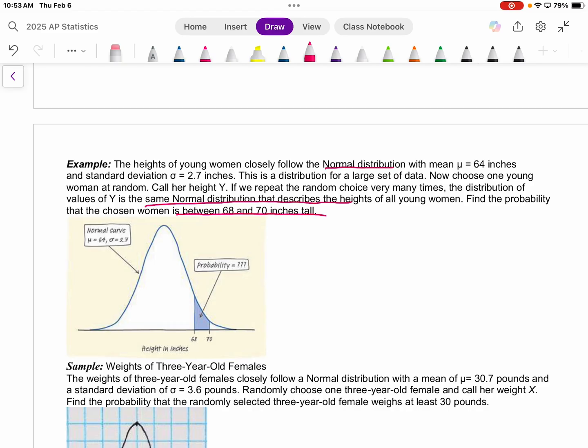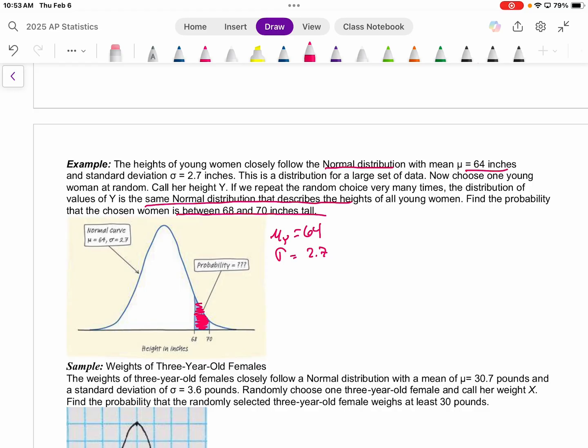So again, they told us that our mean was 64 and the standard deviation was 2.7. In our picture of our normal curve, we're trying to find this little area, the probability right there.